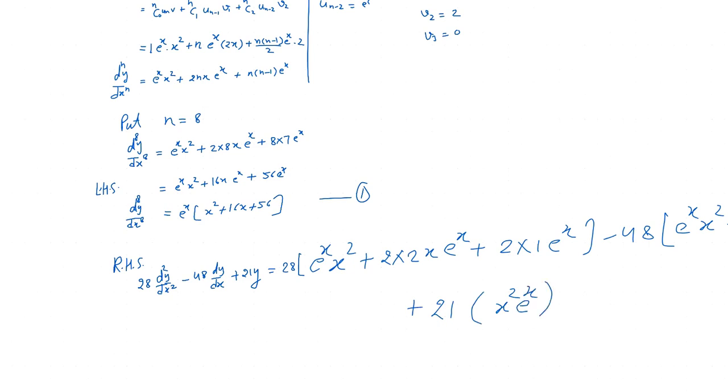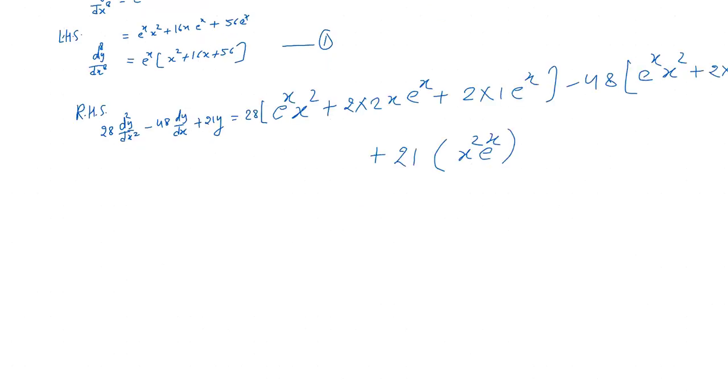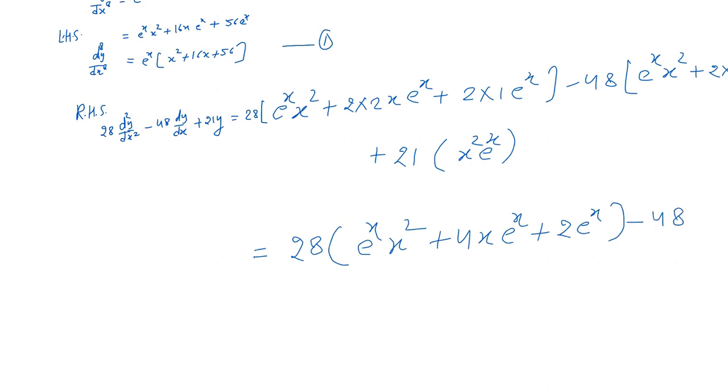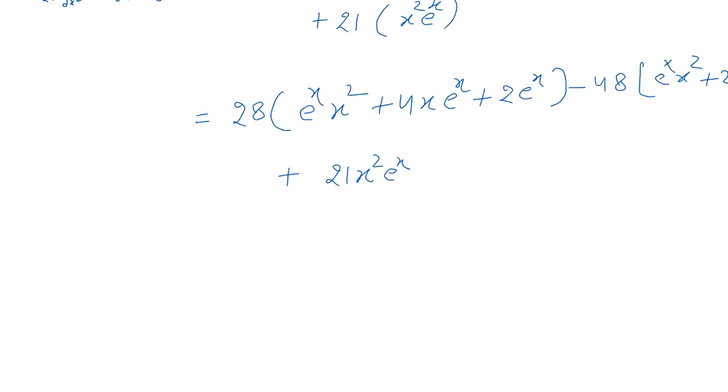So let us simplify now. 28 into e to the power x into x square plus 4x into e to the power x plus 2 into e to the power x, minus 48 e to the power x into x square plus 2x into e to the power x, and plus 21 x square into e to the power x. Now let us open the bracket. So 28 x square into e to the power x.